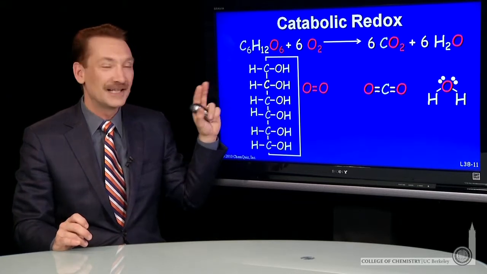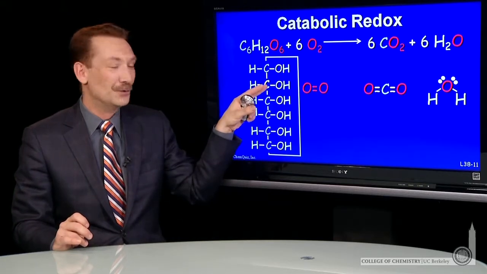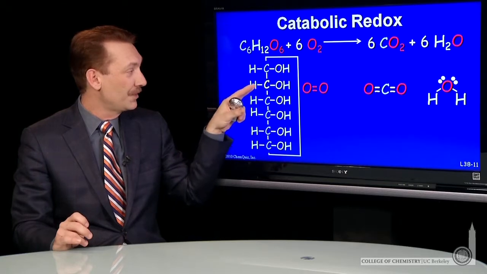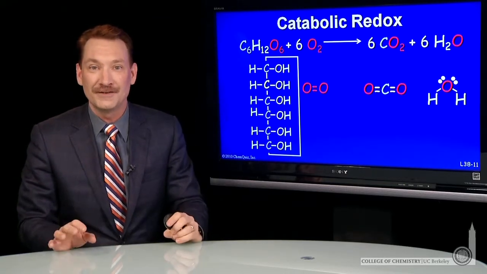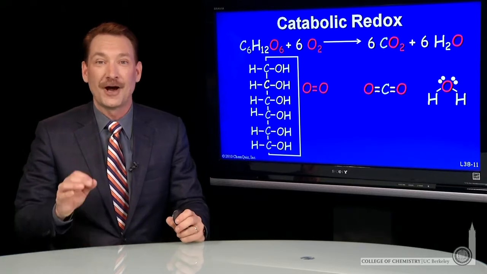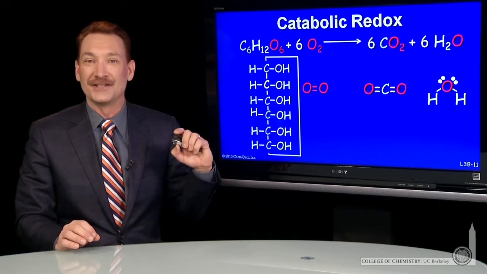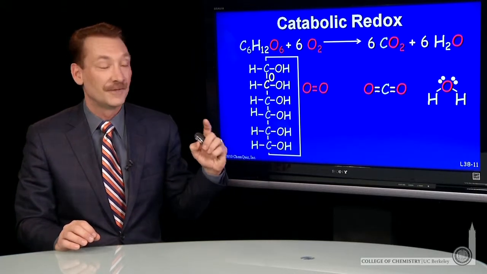And carbon is slightly more electronegative than hydrogen, so I'll assign both of them to the carbon here. So I'm assigning 1, 2, 3, 4 electrons to the carbon based on relative electronegativities. And carbon normally has 4 electrons around it in its valence shell, so it has oxidation number 0.